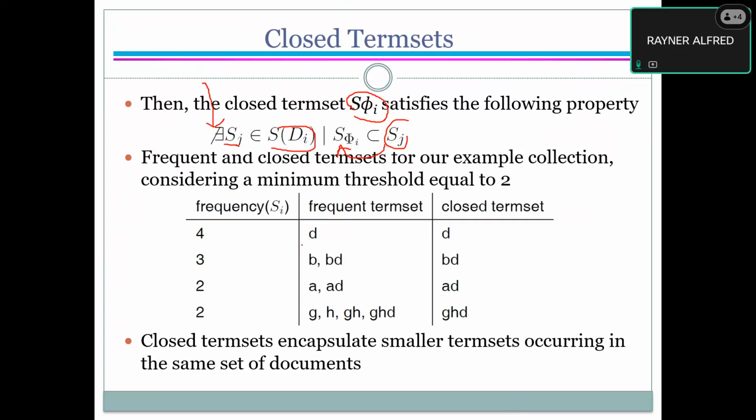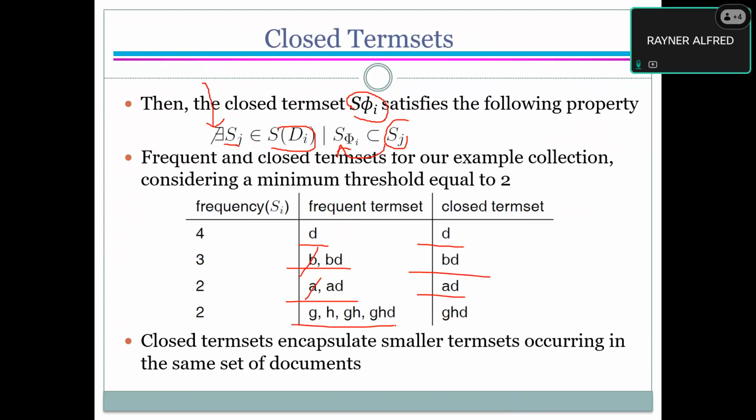So for example here, if we only have D, then the closed term set is D. If we have BD, that means we will remove B because B is a subset of BD, so we only take BD. Similar to this one, we don't consider A, we just take AD.